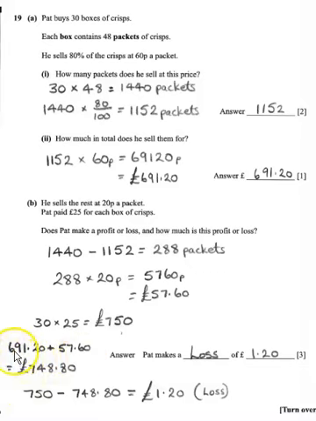So it'll be £691.20 and £57.60. So that's how much he got back for selling those crisps. Then 750 take away £748.80, which then becomes a £1.20 loss. Didn't make any money on it.